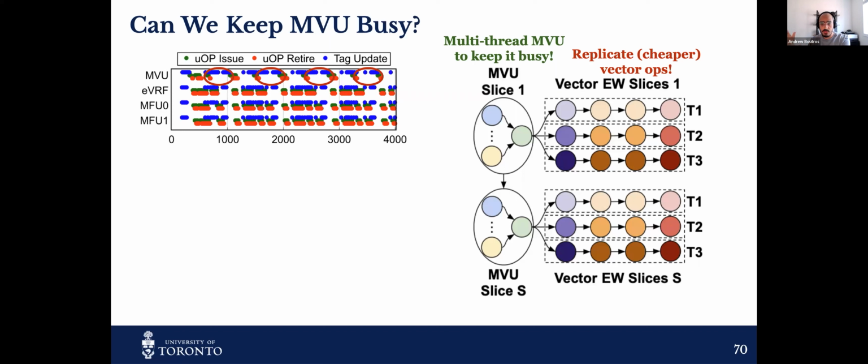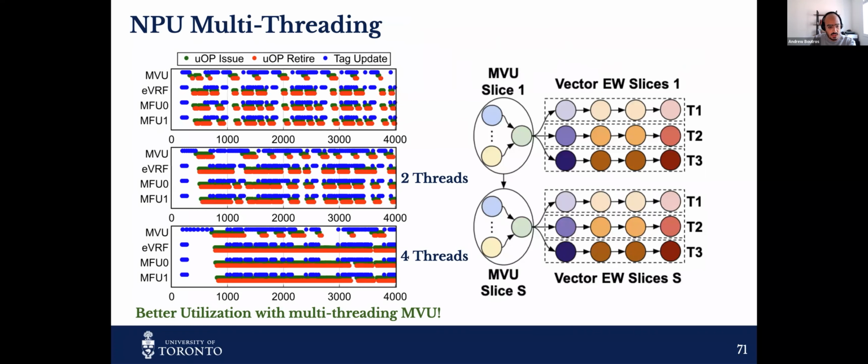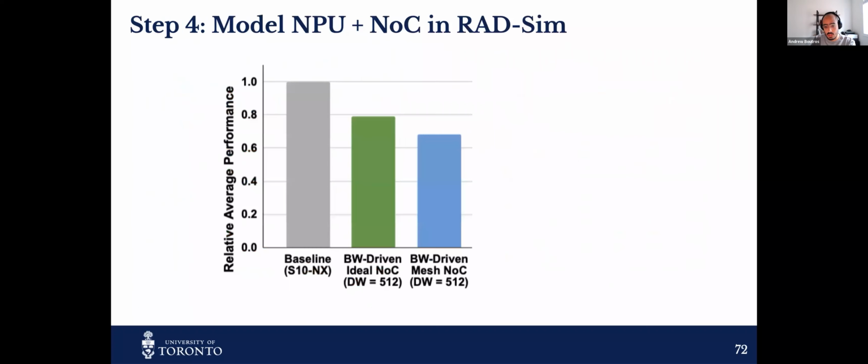And then the cheap vector operations, we can replicate those on the FPGA fabric, for example, and allow each set of those vector element-wise operations to be responsible for a thread of the NPU. And by doing that, we can see in other RAD-Sim simulation traces, when going to 2 threads and 4 threads, we can make better use of the matrix vector unit that we have and increase the overall performance.